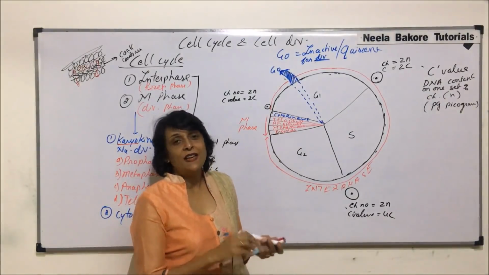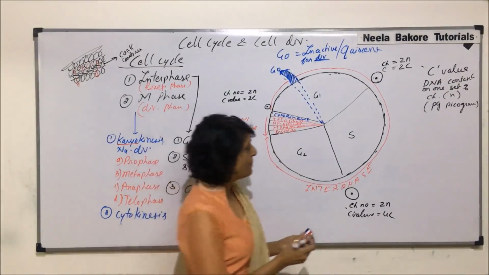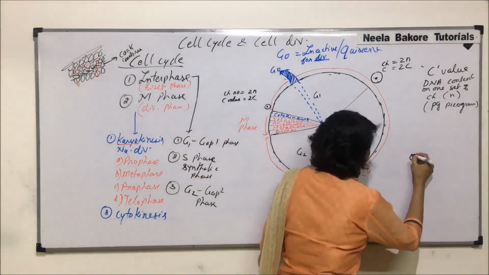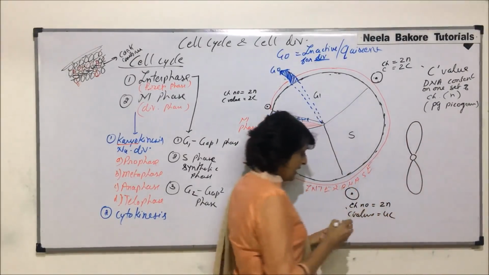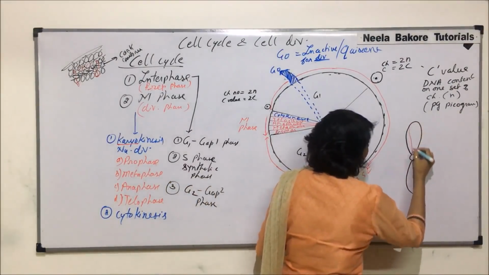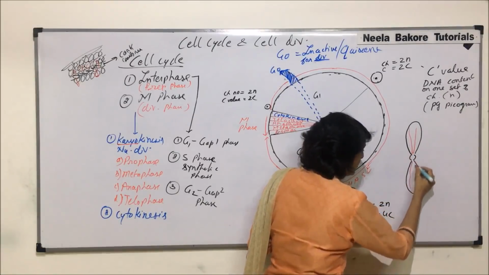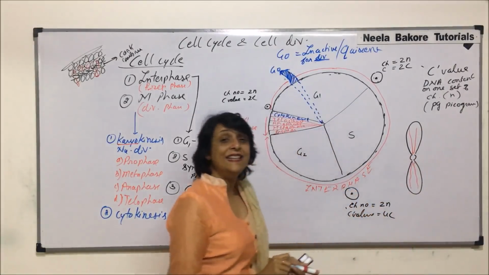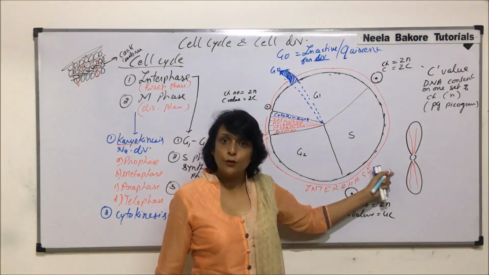For this, we will have to just go over the structure of chromosome and what exactly happens. So say this is the chromosome that we are talking of, and we know chromosomes have these kind of chromonemata, these threads which are actually the DNA content wrapped around histone, that is the nucleosomes.